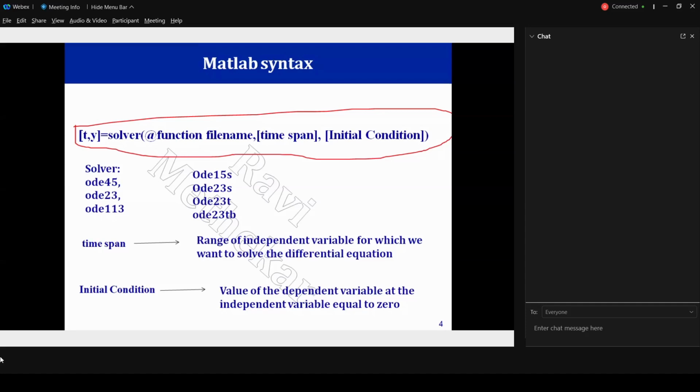When we discretize it, we have x at instant 1 and we want to find out the x value at instant 2. So dx by dt can be written as x of 2 minus x of 1 divided by delta t. That delta t is the time interval or sampling time.